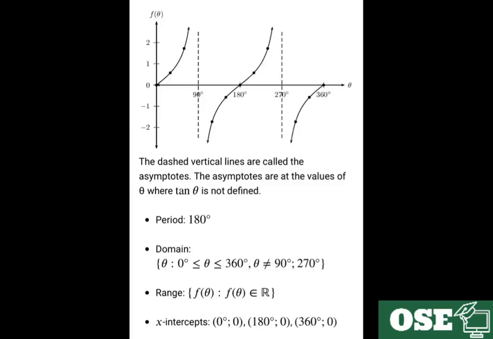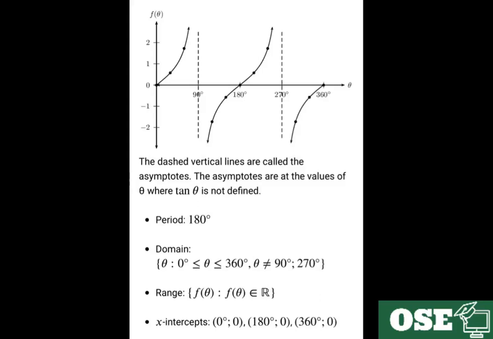For example, in the tan graph, if you substitute 90, you're going to get undefined. Your calculator is going to say undefined, or give you a math error. Same thing with 270.